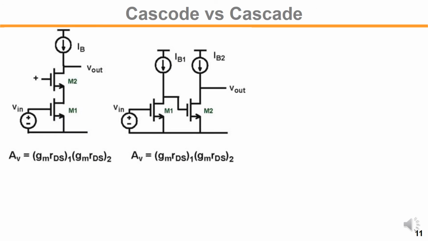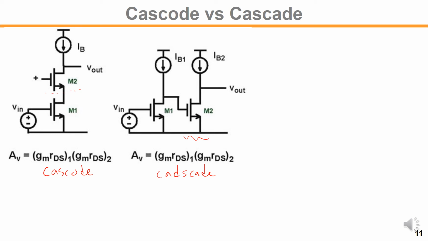For designing a high gain amplifier, you have two choices. One is either having a cascode like this, or you may cascade the device. So this is cascade and cascode. In DC gain, you will have a similar gain, but the frequency response would be different.